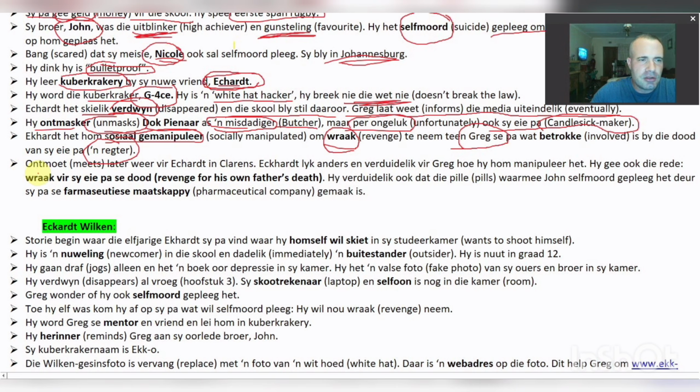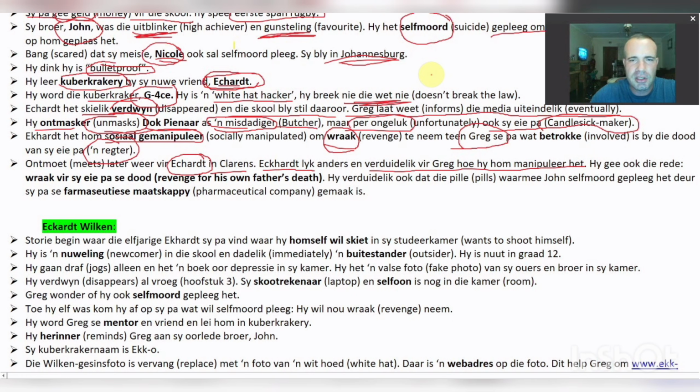Later, Eckhart reappears. Remember, he's disappeared now. He reappears in Clarence. Here he looks different, and he explains to Greg that, "Bud, I manipulated you all along.